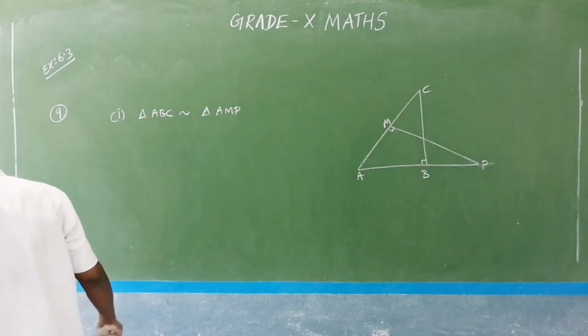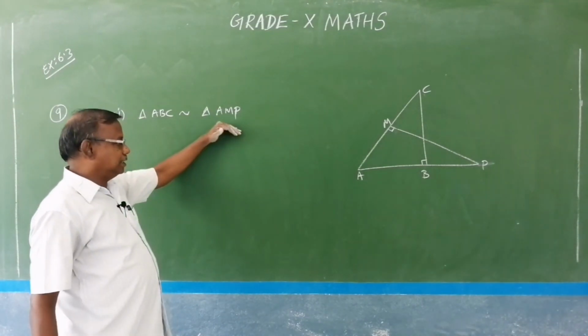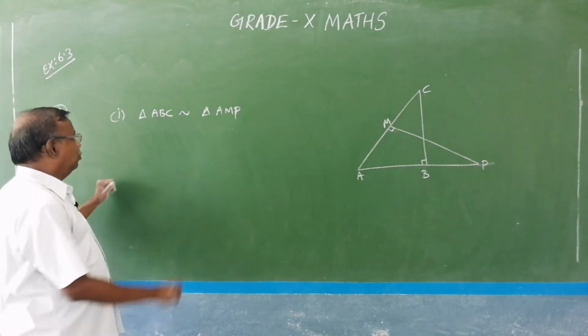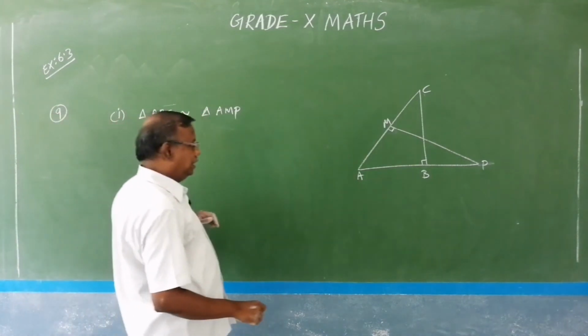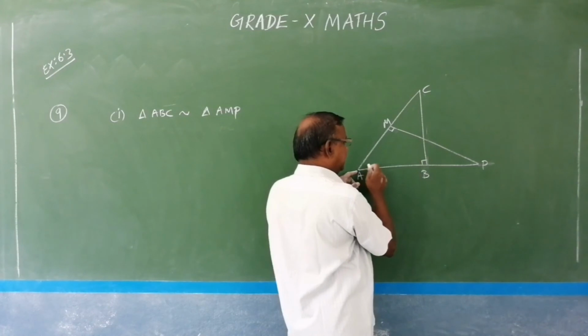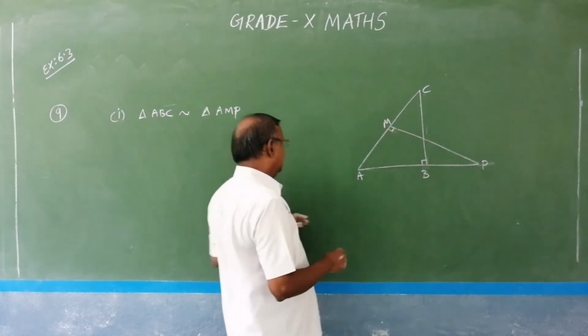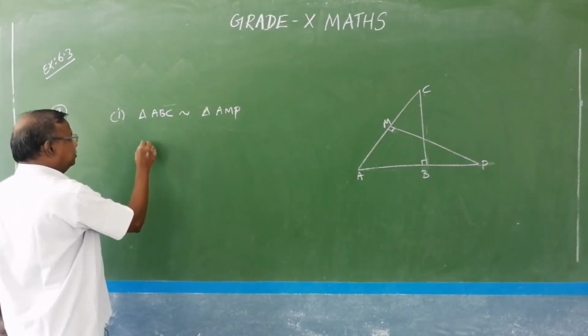So let us take the first subdivision. In the question itself there is the answer. See the orientation ABC, AMP. Angle ABC is 90 degrees, similarly angle AMP is also 90 degrees.